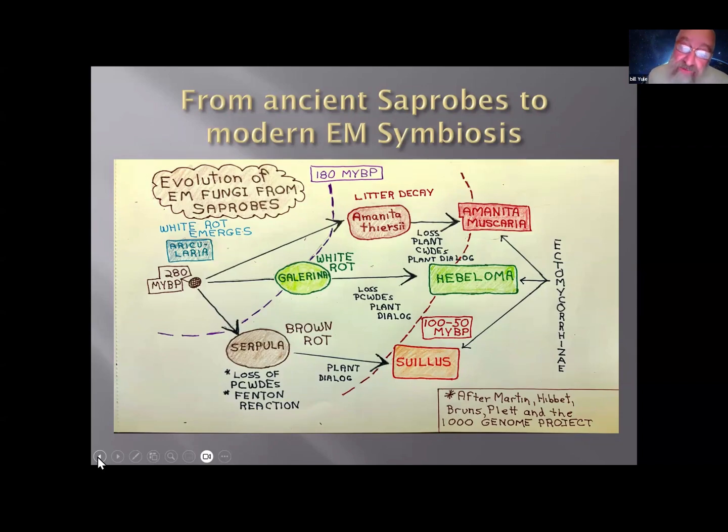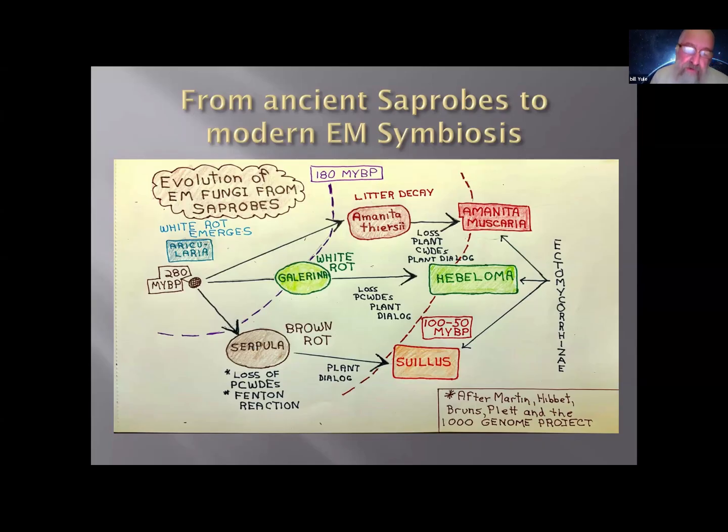And then the brown rot is a special case. The brown rot only happened because of the invention of that Fenton chemistry I was talking about. And the brown rot evolutionary pathway leads to the boletales. So you have ancient white rot ancestors over here, and that evolves into brown rot, something like Serpula.